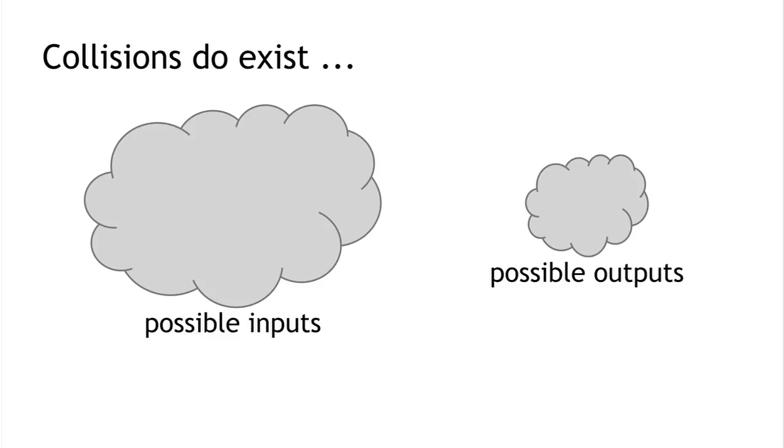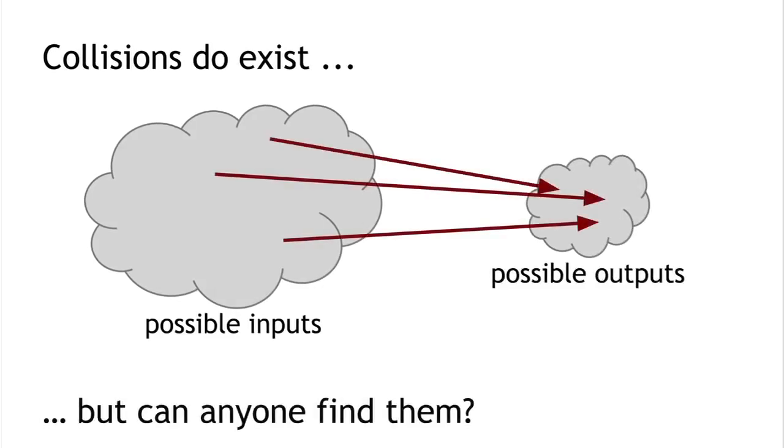And so if every point on the left is going to be mapped by an arrow to some point on the right, you can see that as you go from all the points on the left into the right, it has to get crowded, and in fact, there have to be multiple values on the left that map to the same output. In fact, in general, there will be a very large number of possible inputs that map to any particular output. So collisions do exist. I said before, nobody can find a collision, and that's the key question. We know collisions exist.